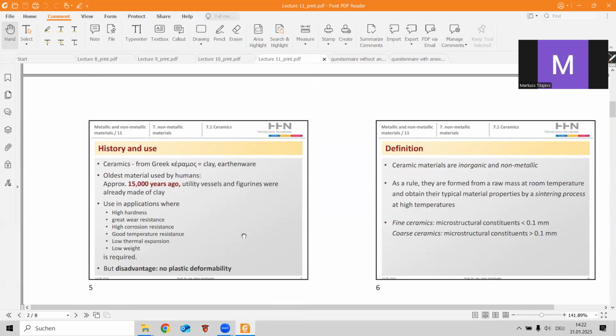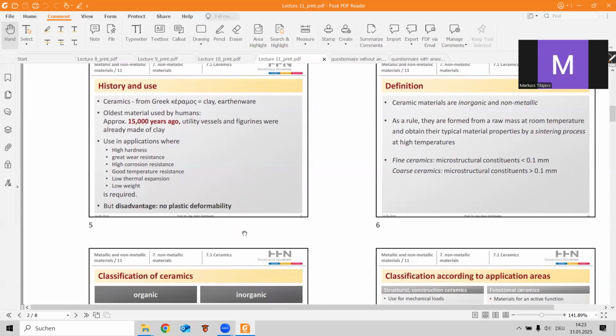So ceramics we use in applications where high hardness, great wear resistance, high corrosion resistance, good temperature resistance, low thermal expansion, and low weight is required. The disadvantage: no plastic deformability. The ceramic materials are inorganic and non-metallic.